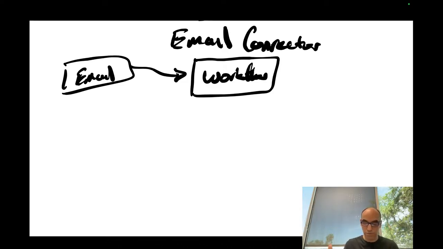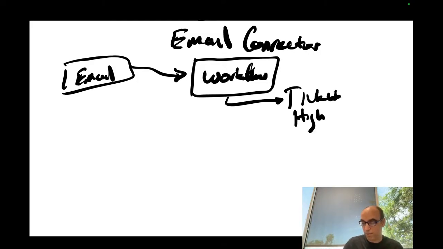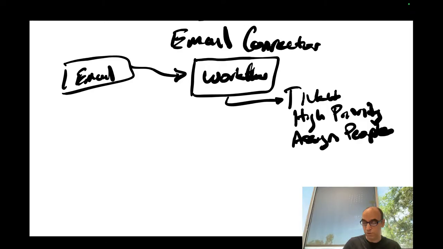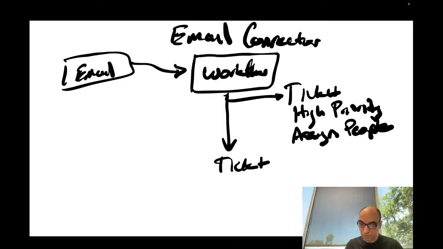And if you have some sort of SLA requirement for that customer, or if you want to handle them in a slightly different way than someone else, then you can put your logic in here to say, create a ticket with a high priority, assign these people to it, etc. Whatever, the sky's the limit. And if it's anyone else, then create a standard ticket, and that's it.